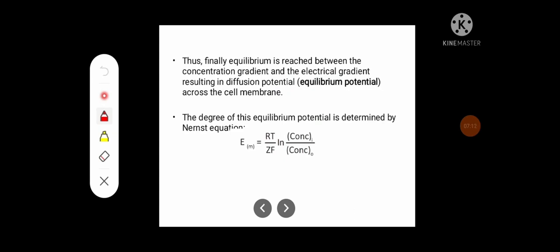Finally, equilibrium is reached between the concentration gradient and the electrical gradient, resulting in a diffusion potential, that is, an equilibrium potential across the cell membrane. The degree of this equilibrium potential is determined by the Nernst equation: the equilibrium potential is equal to RT divided by ZF times log of the concentration inside over the concentration outside of that particular ion.